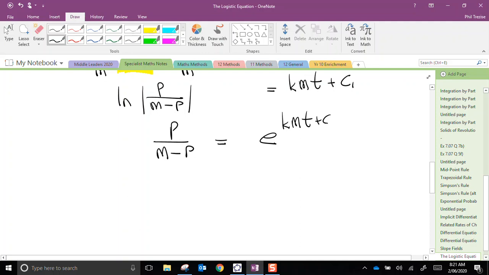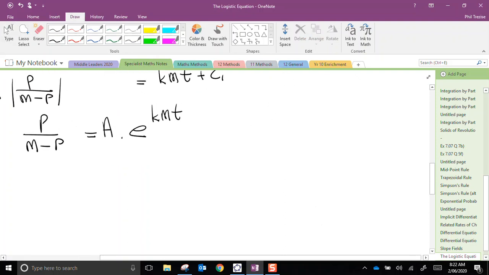Now adding c1 there is equivalent, of course, to multiplying by e to the power of c1. But really, e is a constant, c1 is a constant. I could simplify my work if I just define this as some different constant a.